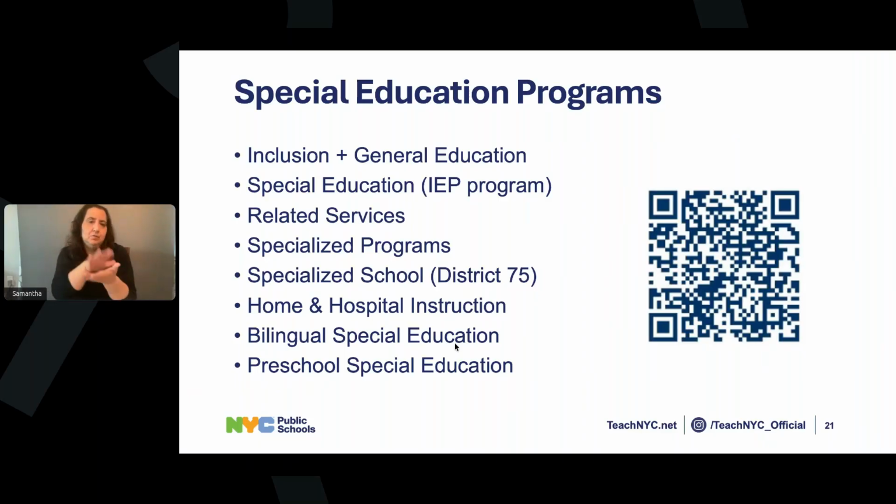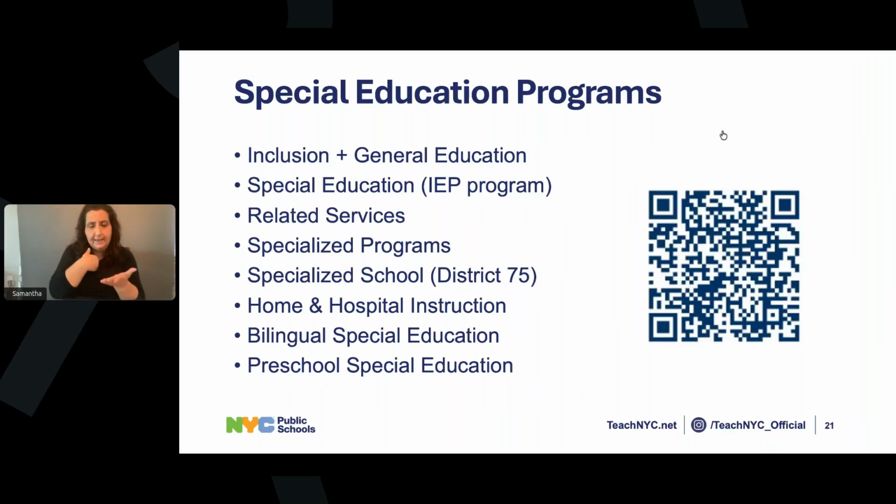We have specialized programs here in New York City. We're going to get in detail about many of those different programs and talk about what makes each unique. Typically, the class size and the disability type or the student population will help determine what kind of program it is. We also have specialized schools.